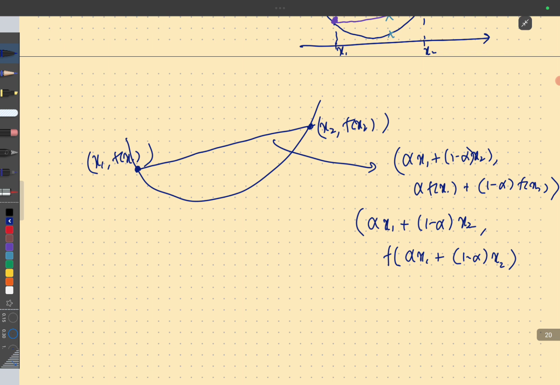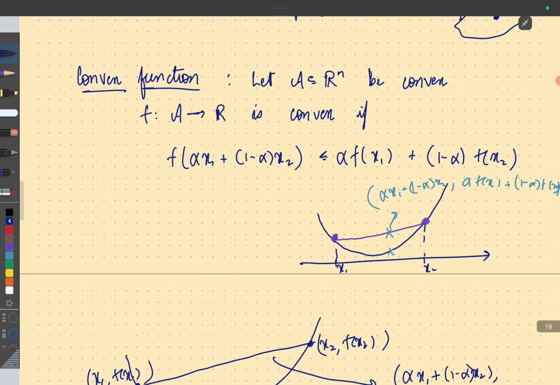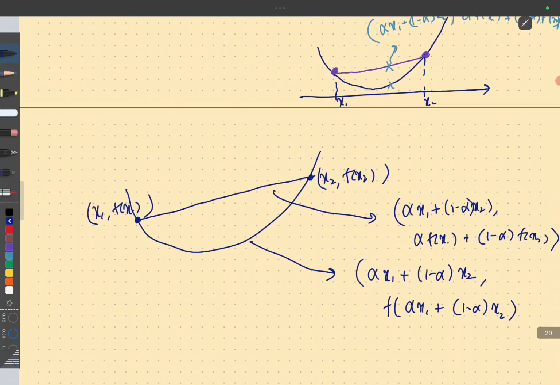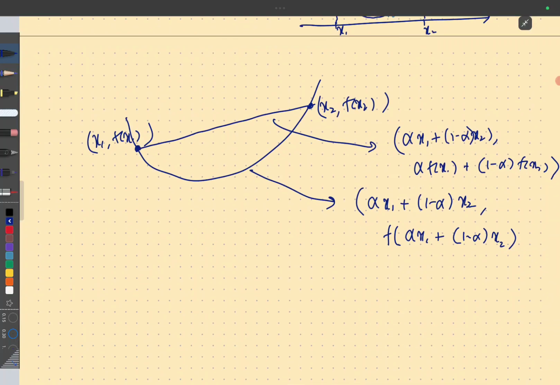A point on the curve evaluated at alpha x1 plus 1 minus alpha x2, which is precisely this. And the function is convex if the line segment joining any 2 points on the curve always lies above the curve. Which is now intuitive. Once you see the definition, this is natural, because that is precisely what it means to be a bowl-like function. Any questions so far?